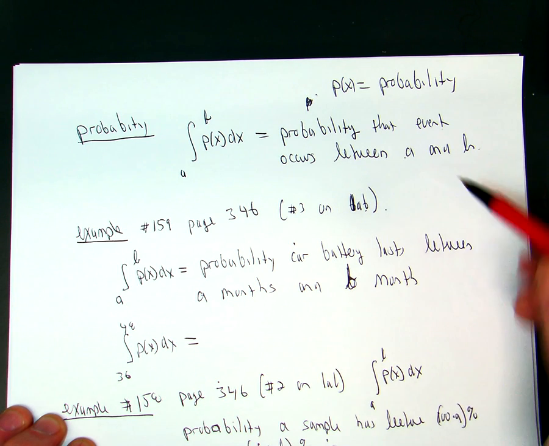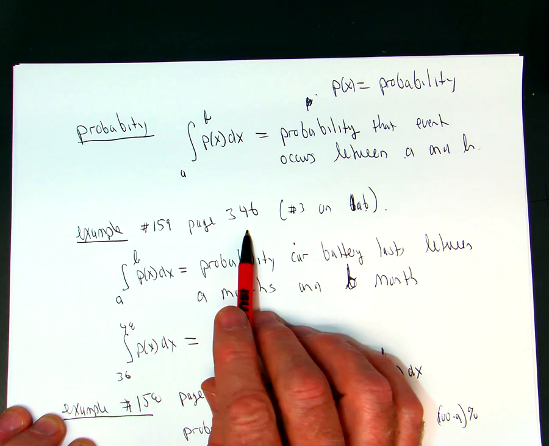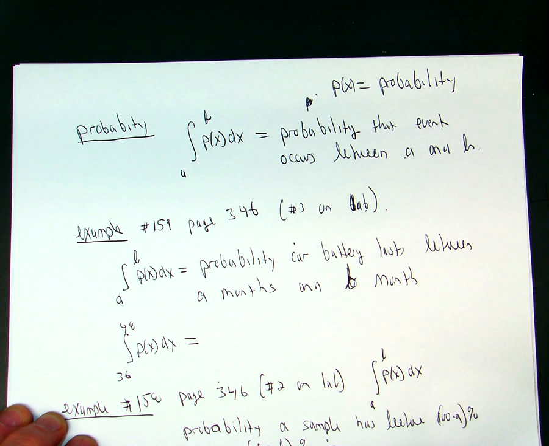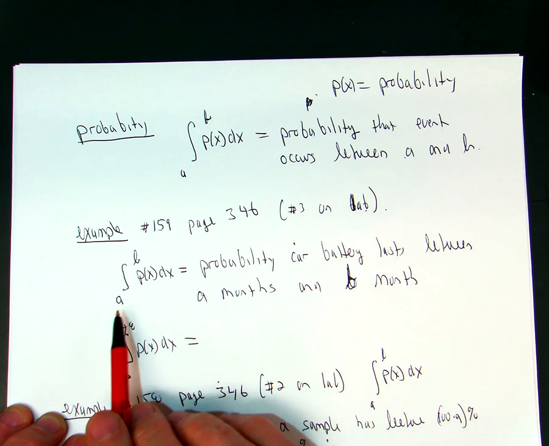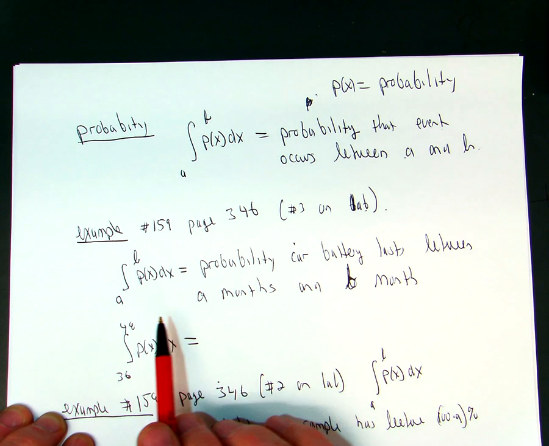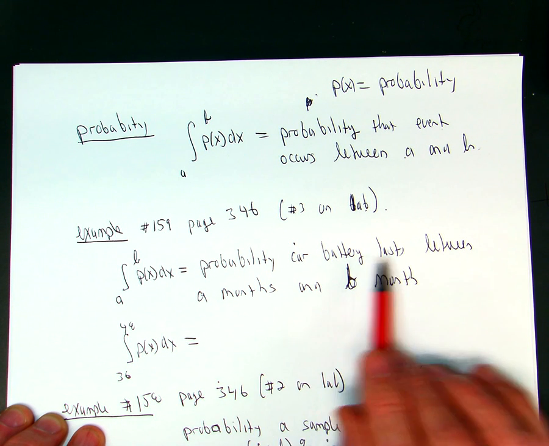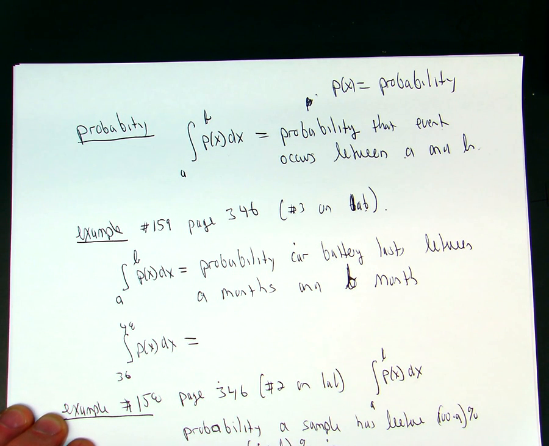Problem 3 in the lab involves problem number 159 on page 346. Again, you're going to do some different things with it than the book asks. This integral in number 159 is the probability that a car battery lasts between A months and B months.